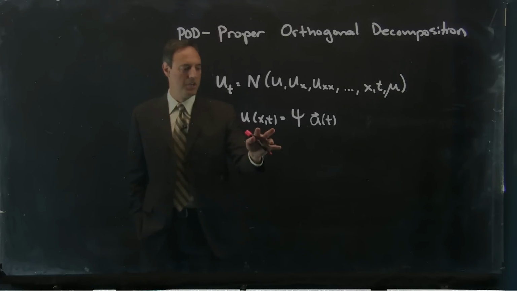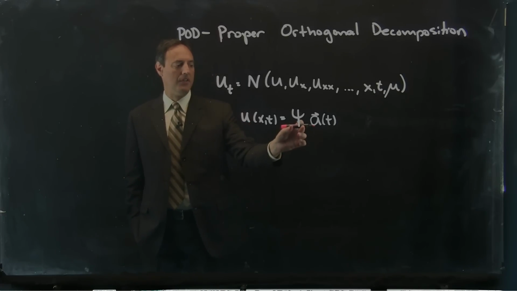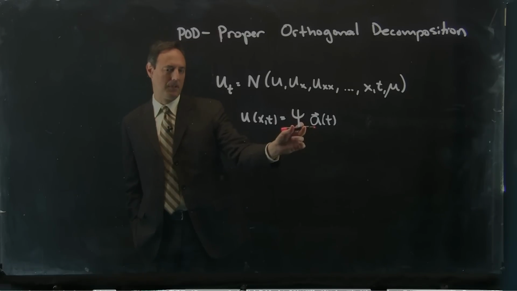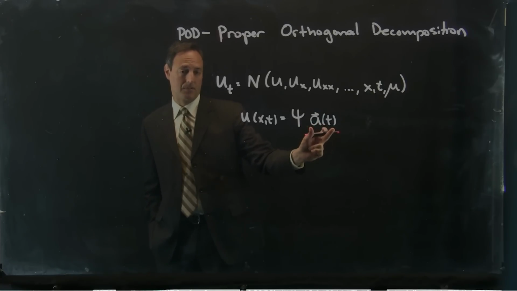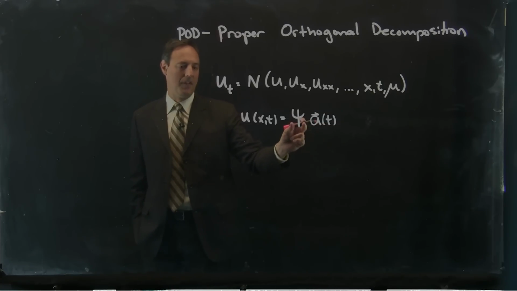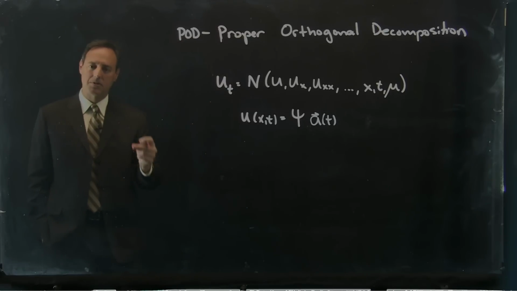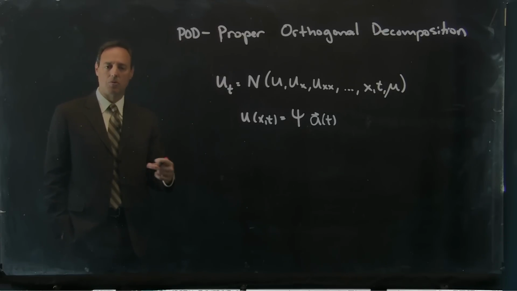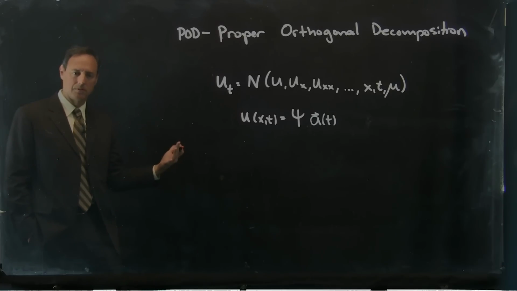Now what we're going to do here then is say, well, my solution U, this is typically my basis functions, and then their time dynamics. And the selection of the basis functions is what we're actually most interested in this reduced order model context. How do you pick out an appropriate set of basis functions? Okay?